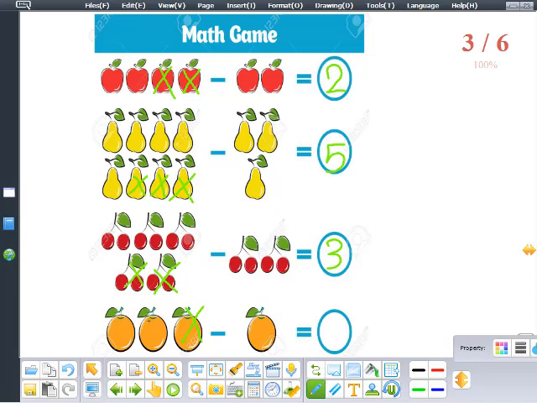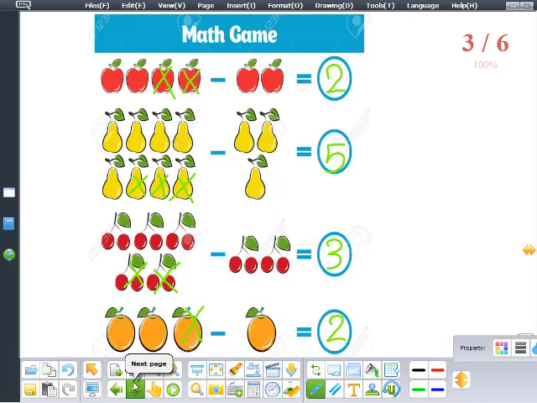Just this side. We here just take away. So how many oranges are here? 1, 2. 2. So 3 minus 1 equals 2. Well done. Great job, kg1.